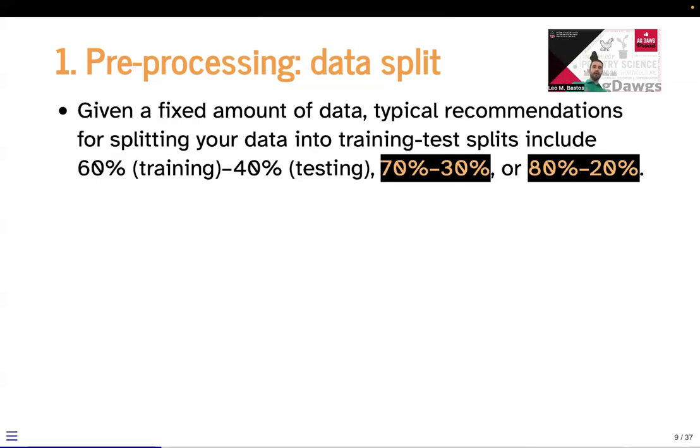Normally, I've seen different splits of 60% of the data going to training, 40% going to testing, all the way to 70-30, 80-20. For what I do, most of the time, I use either 70% training, 30% testing, or 80% training, 20% testing. Those are the splits I most commonly use.